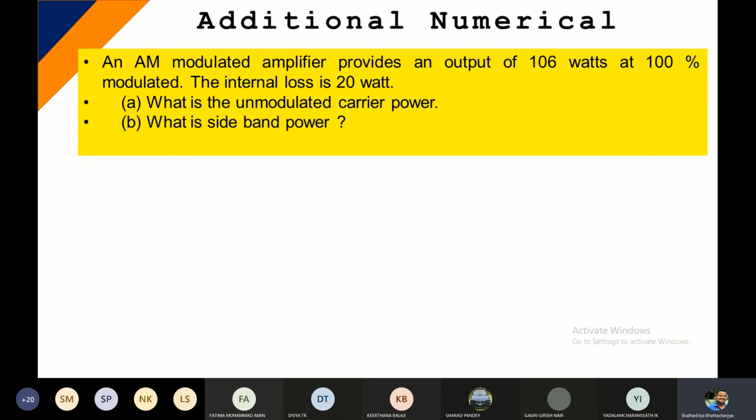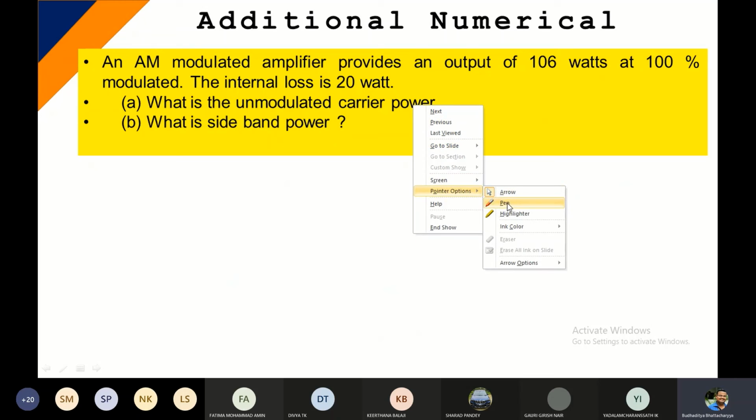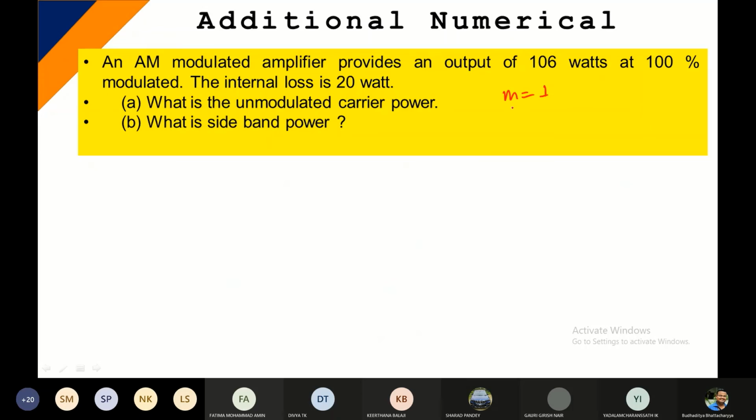The question is: the amplitude modulated amplifier provides an output of 106 watts at 100% modulation. So this is the maximum that is possible, because 100% modulation means n equals 1. Remember, n should vary between 0 and 1.